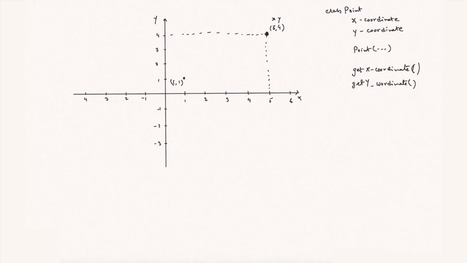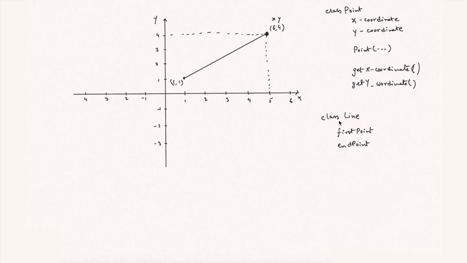Now think of a line. A line extends from one point to the other, right? So a line would be a class again. And because a line extends from one point to the other, a line's attributes would be points and not just coordinates. So we can say its first point maybe is an attribute, and then its end point maybe another attribute, right?